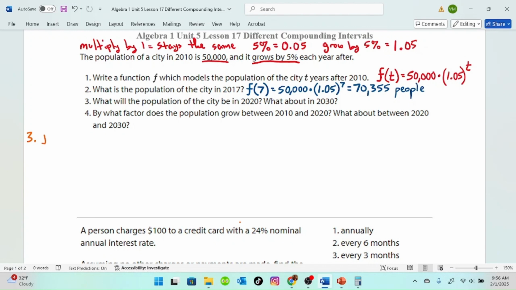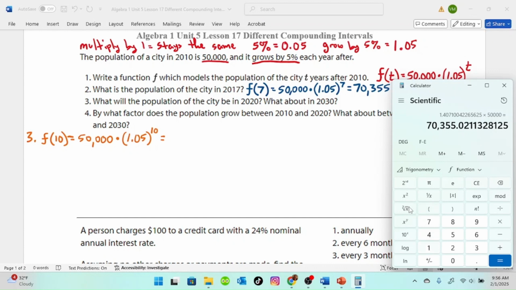So we're going to have f of 10 equals that original population of 50,000 times the growth factor of 1.05, which maintains the current population and grows it by 5%, and our exponent is going to be 10.